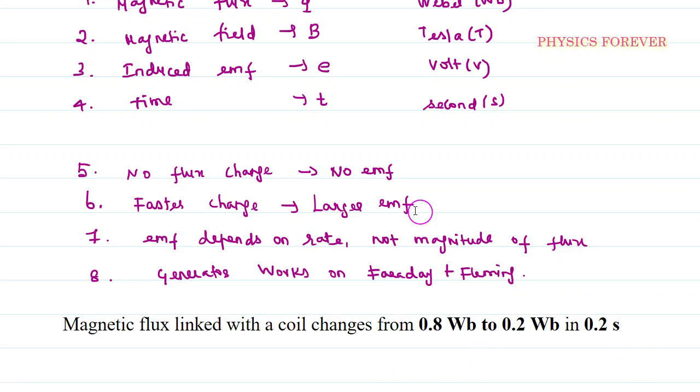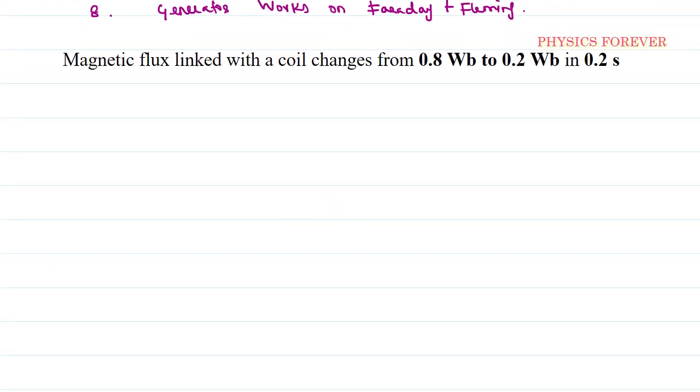Next, one of the important problems we will discuss. Already we know the formula. The problem: the magnetic flux linked with a coil changes from 0.8 Weber to 0.2 Weber in 0.2 seconds. How to solve this? We first have to find the induced EMF.